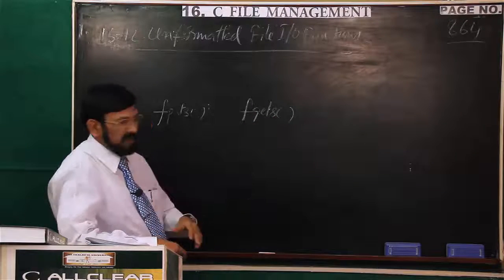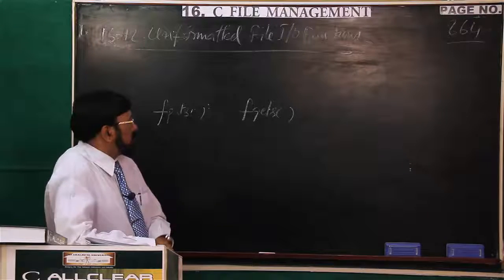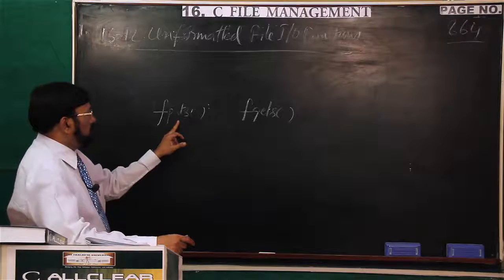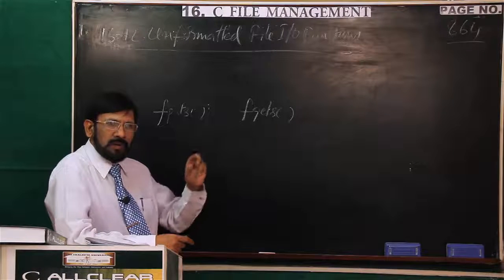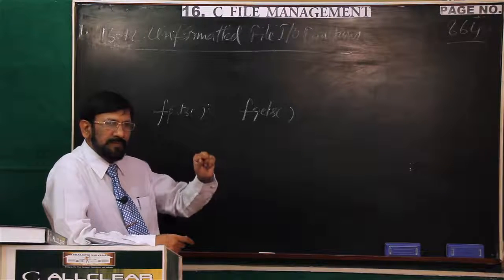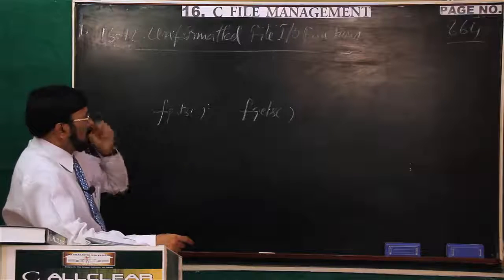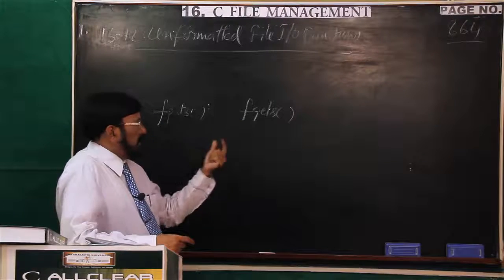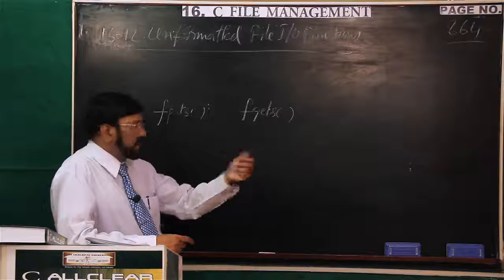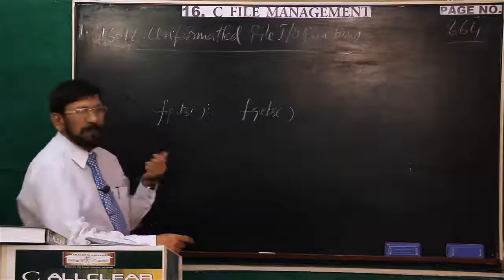All the names are self-explanatory. The function fputs is meant for writing strings on a file, and fgets is meant for reading strings from a file.